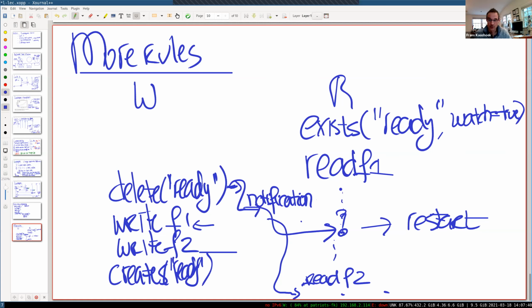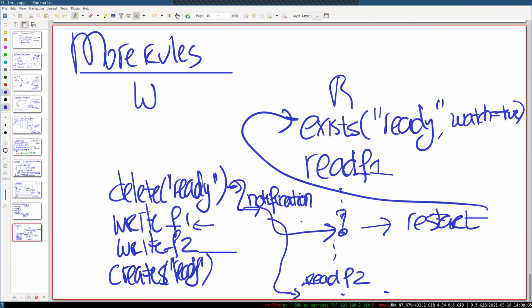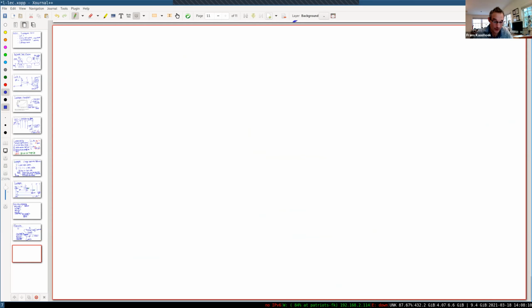With a little bit of careful programming and understanding the rules, you can actually get the desirable results that the application probably wants. What happens to read F1 though? Well, you can start all over. Oh, including that. All right. And you'll see this is a trick that shows up in those recipes quite a bit, this idea of bailing out and starting over again.